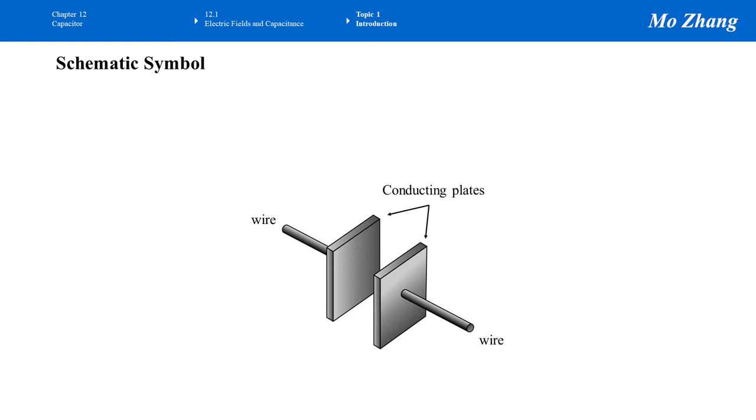Each plate connects to a wire. The two plates are not connected. The plates are conductors. For example, we can make the plates using steel, copper, or aluminum, as long as the material is a conductor. For most capacitors, the plates are made of the same material.